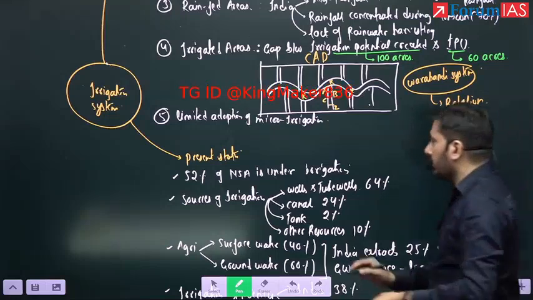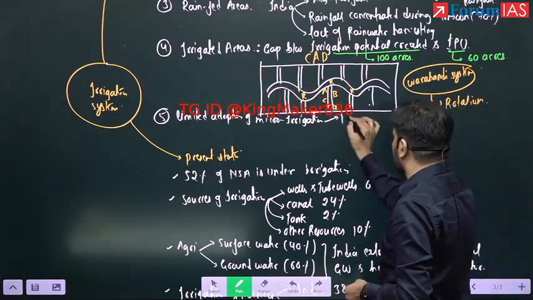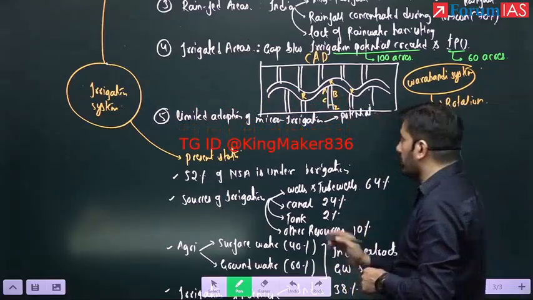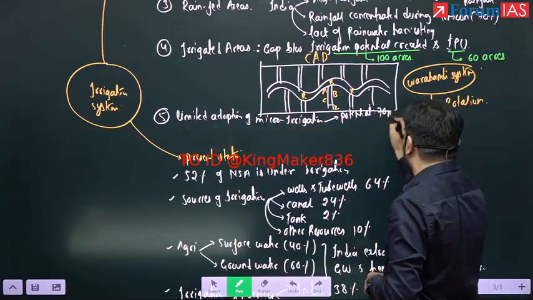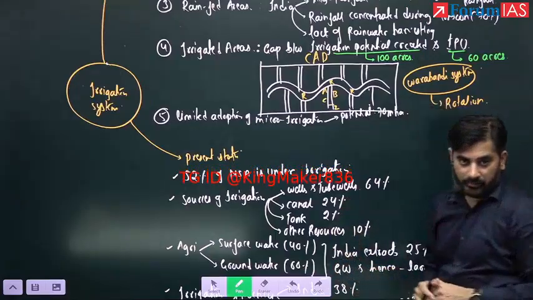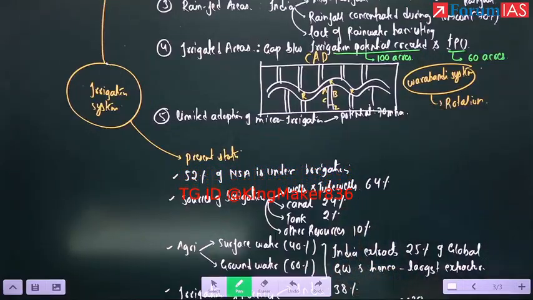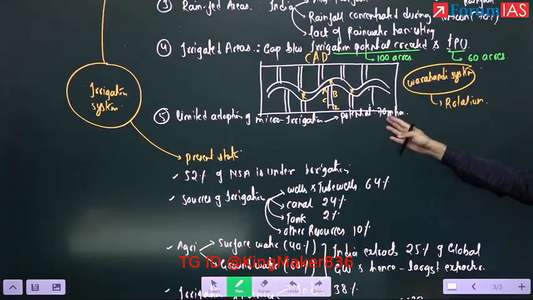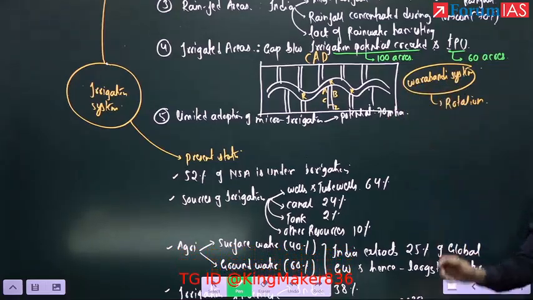So if you see the potential of how much area can be brought under micro irrigation, it is as high as 70 million hectares. How much is your net sown area? Net sown area, I told you, is around 141, which means half of our net sown area can be under micro irrigation.